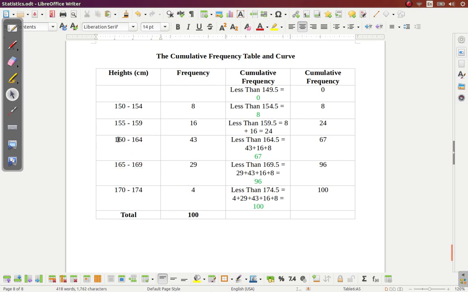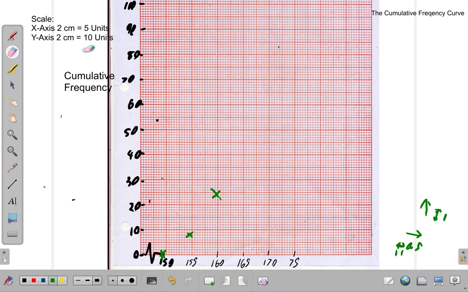So when you went from 159.5 to 164.5, you covered these 43, and the cumulative frequency table is showing that you had a total of 67. So you're going to locate 164.5, 67. 164.5 is just to the left of 165, one mark to the left.